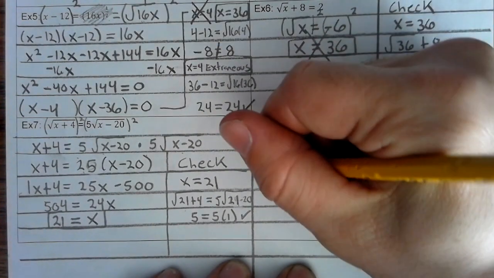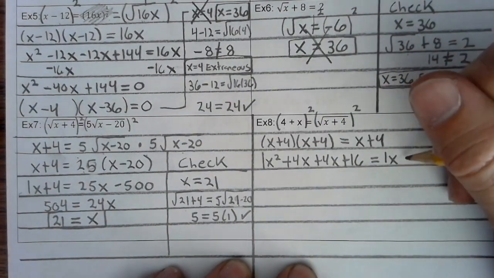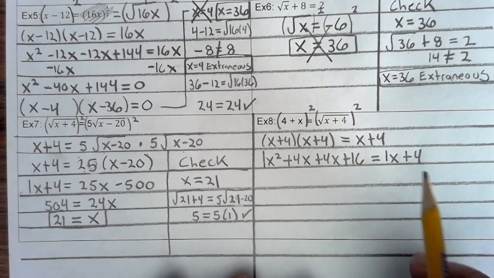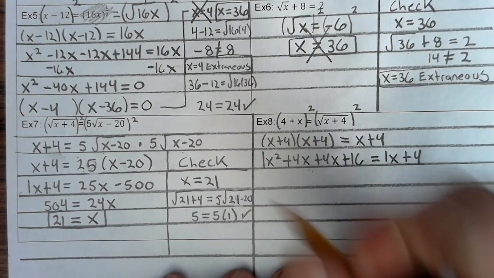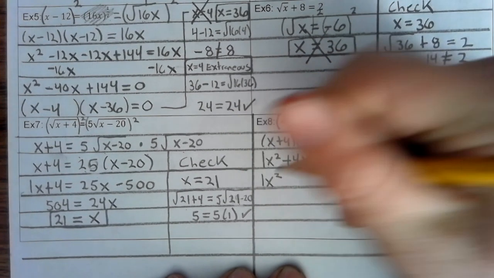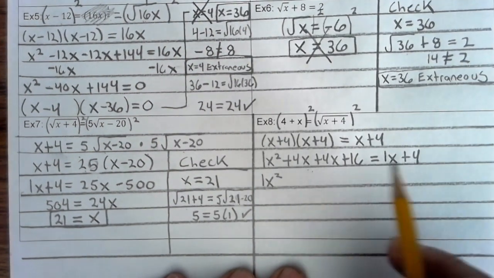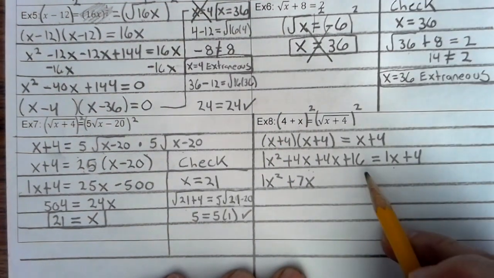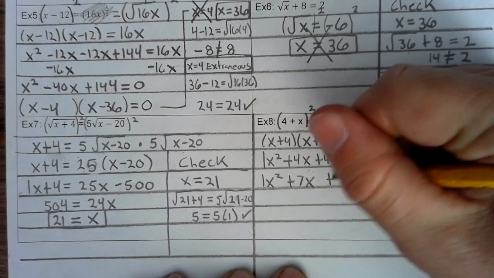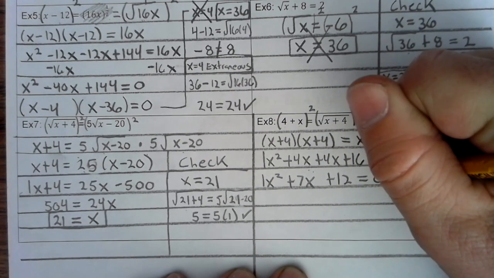And I'm going to put a 1 in front of there and a 1 in front of here. So you're going to subtract an x from both sides. We have 8x subtract 1x, that's plus 7x. And then we have 16 subtract 4, that's plus 12 equals 0.